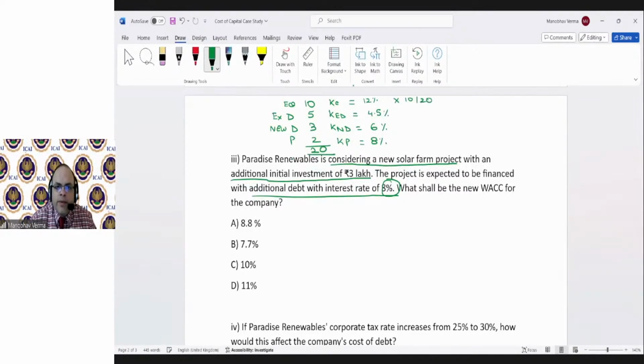10 by 20, 5 by 20. You can just simply multiply these. And you can tell me what is your new WACC, guys.